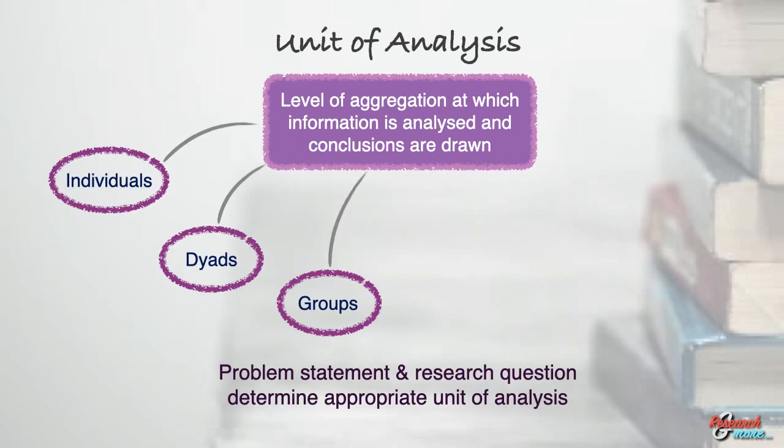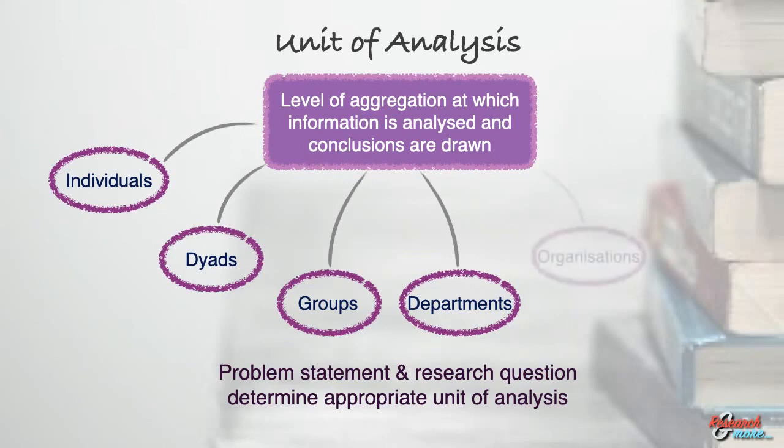But if we are comparing different departments in the organization, then the data analysis will be done at the departmental level, and we treat department as the unit of analysis.